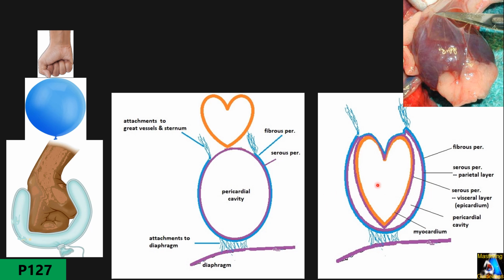For understanding and imagining better, let's give this example. Imagine your fist is the heart and the balloon is the inner sac or serous pericardium. And the space inside of the balloon is the pericardial cavity.